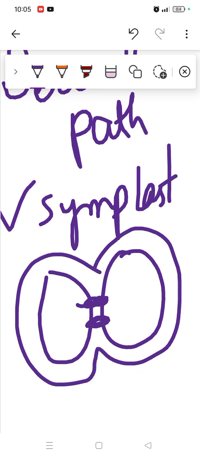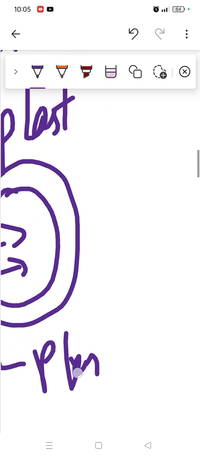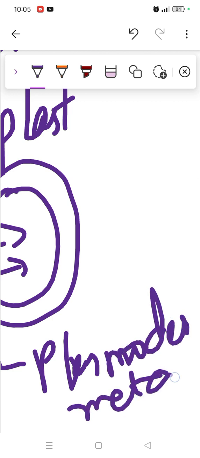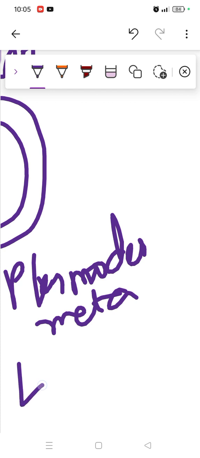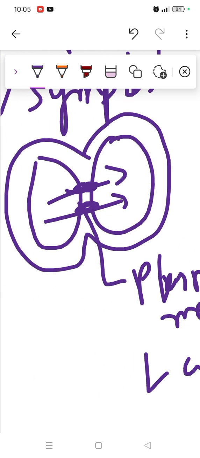Here it will enter through the holes, and these holes are called plasmodesmata. This means it's a simple opening, and here the cytoplasm is also used. It passes through the cytoplasm here.